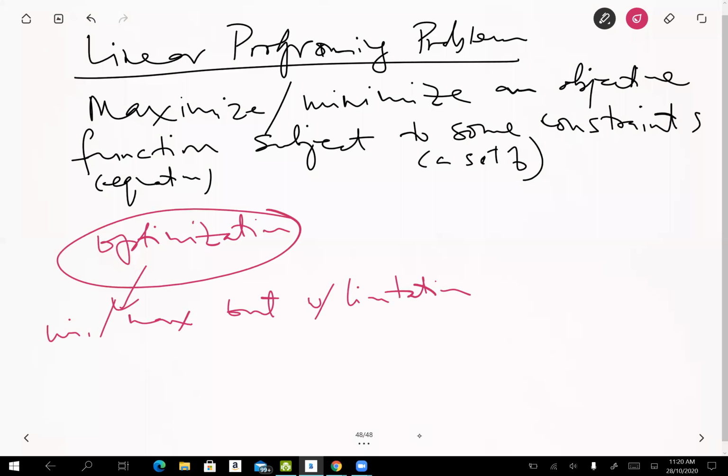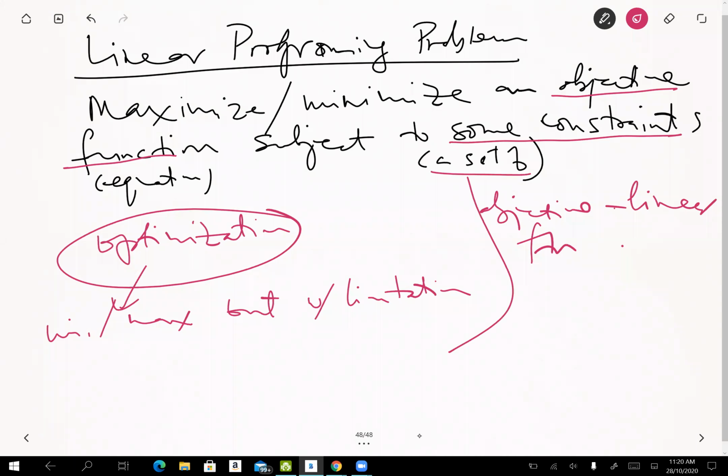Now, the objective function is one function, a linear function. The constraints, because here you have some constraints or a set of constraints, form a system of inequalities.